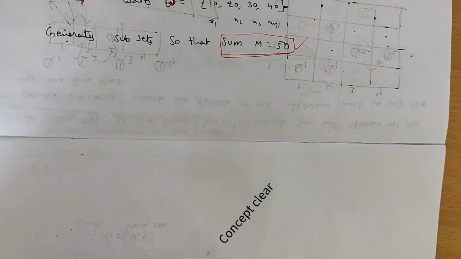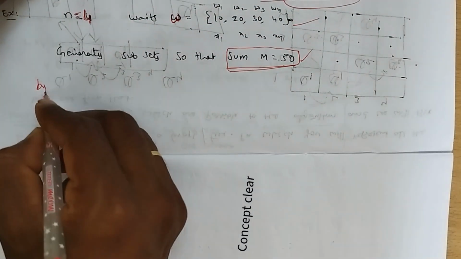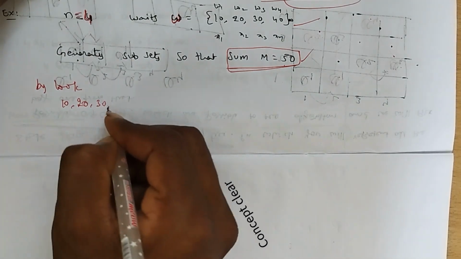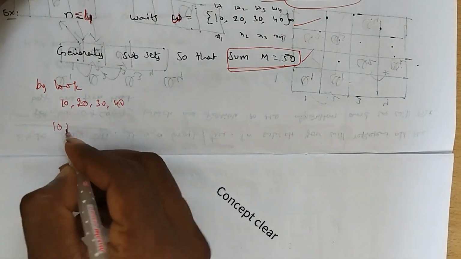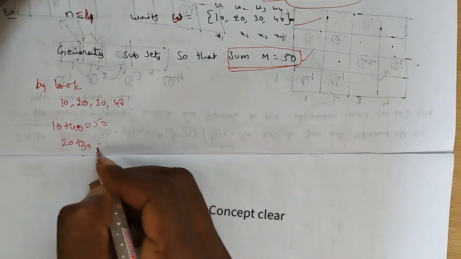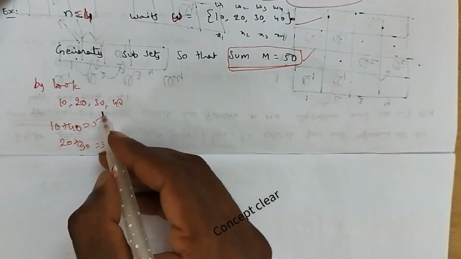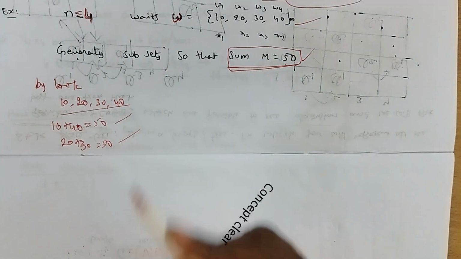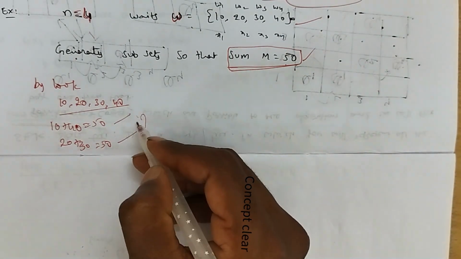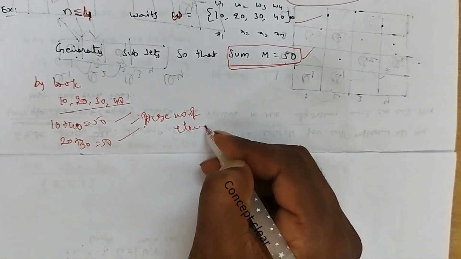By looking at these values, 10, 20, 30, 40, we can say that 10 plus 40 equals 50, as well as 20 plus 30 equals 50. Here there are only 4 elements, so by looking we can see these two are possible. But suppose we get a huge number of elements, then what?